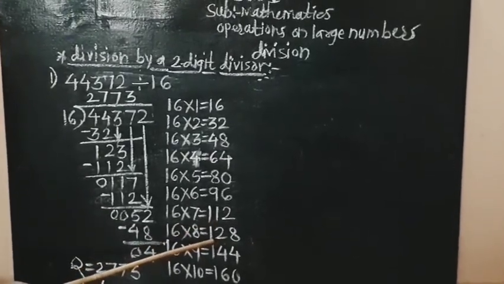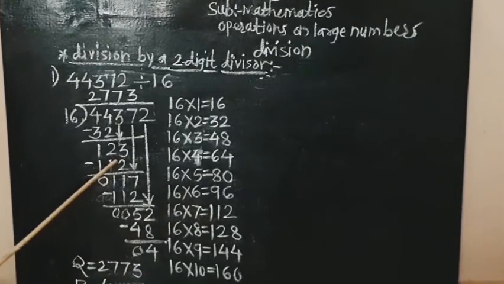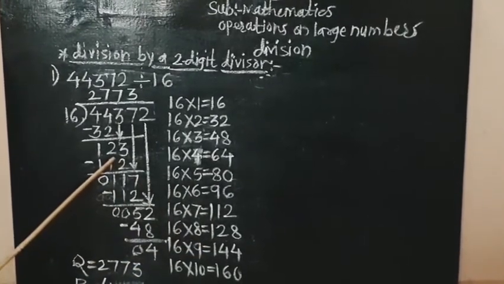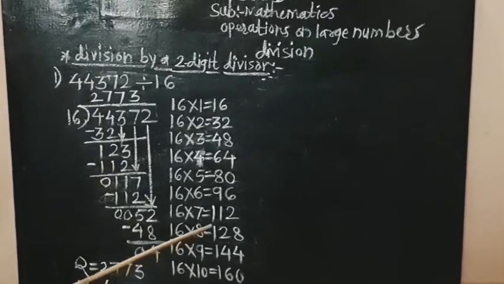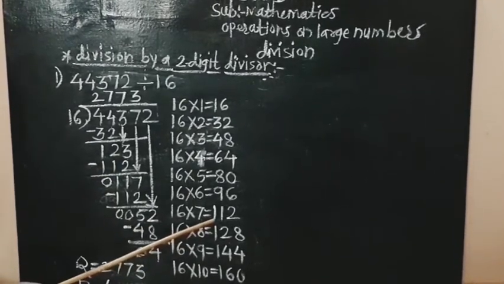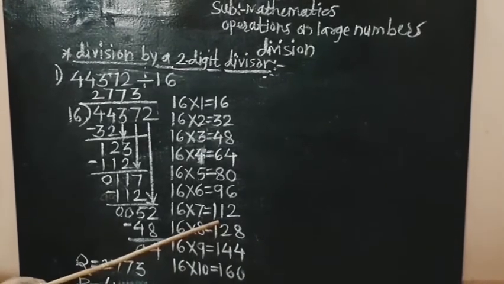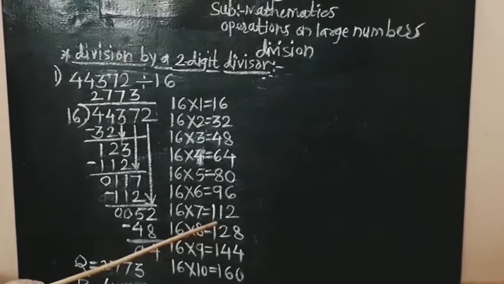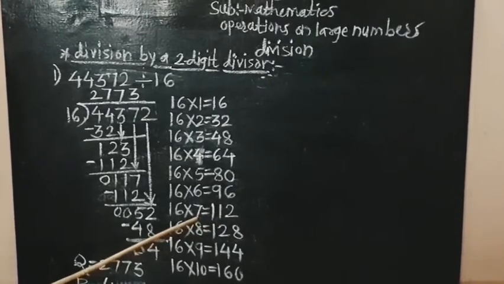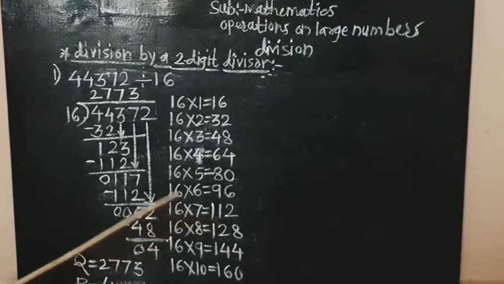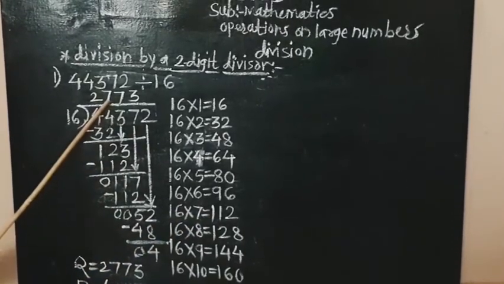But 128 is bigger than 123, so we can't subtract it. So the number we get is 112, because it is smaller than 123. Which place is it? 7th place. 16 sevens are 112. So I write 7 in the quotient place on top.